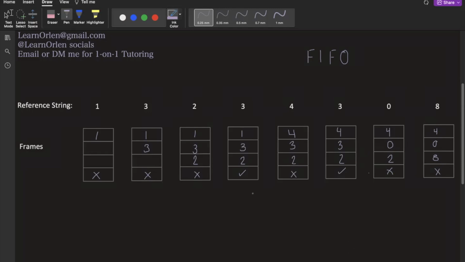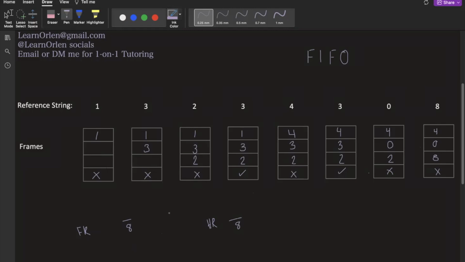And we can also calculate our hit rate and our fault rate. So we have a total of 1, 2, 3, 4, 5, 6, 7, 8 requests. So fault rate and hit rate, both over 8.